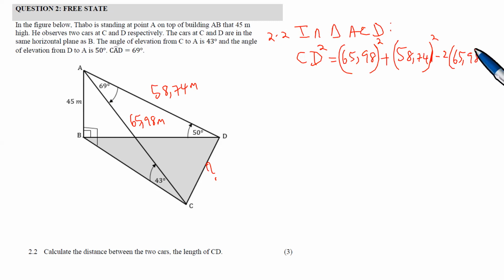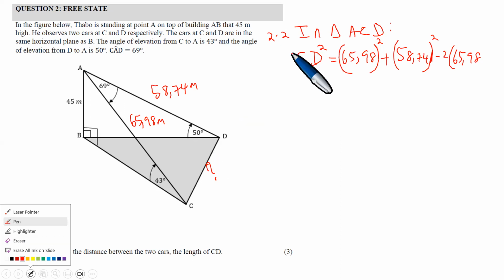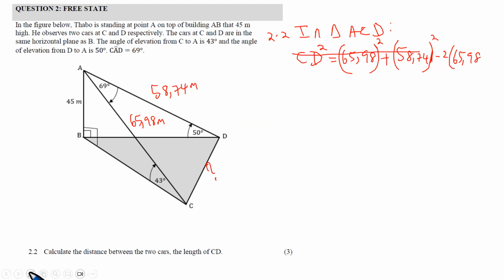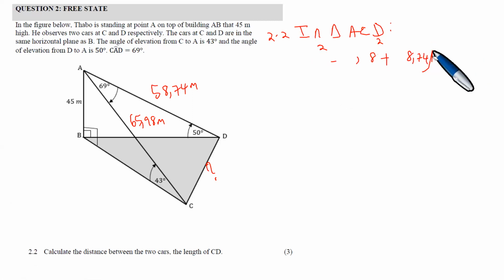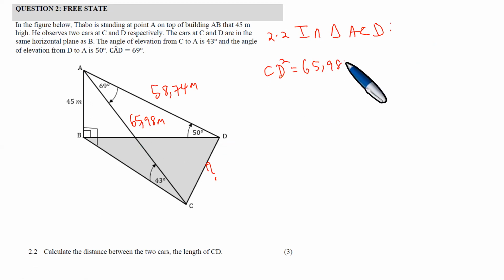65,98. Okay, let me just move these a little bit further to the left of the screen so that we are in a position to write the whole equation in just one line to avoid potential confusion. Right, I know that this is very easy, but this is what the answer of the province of the Free State. Right, so the students were asked to determine this, or you would say CD squared is this one squared, which is 65,98.